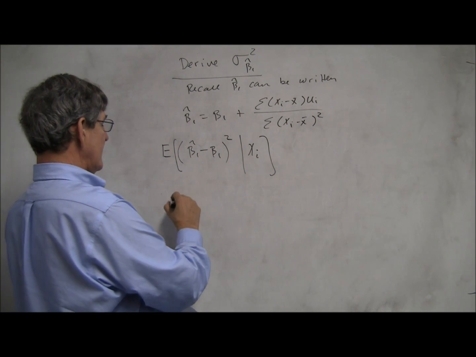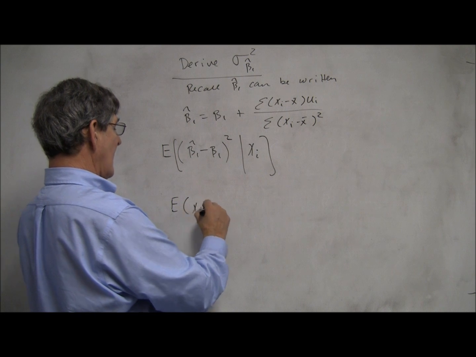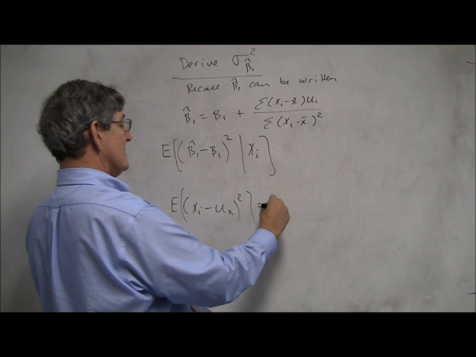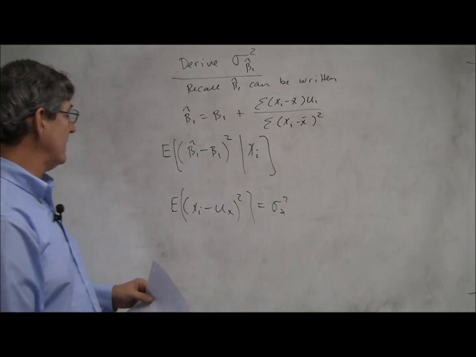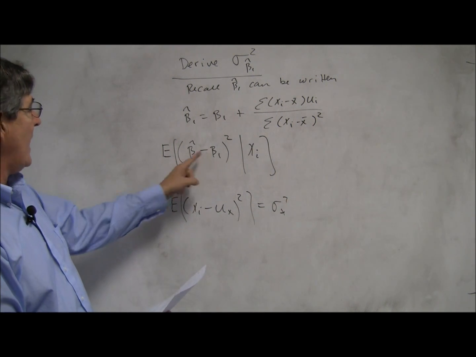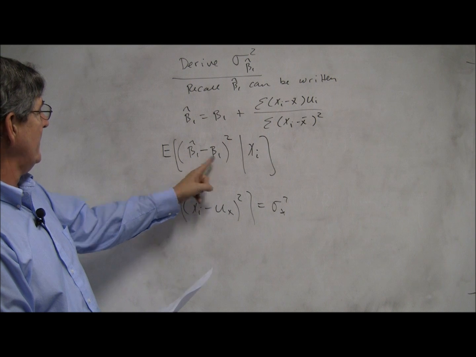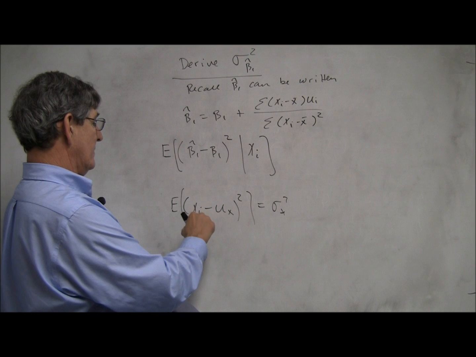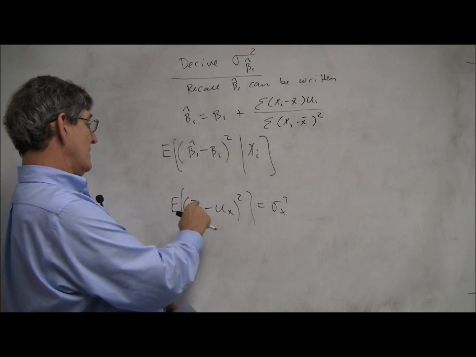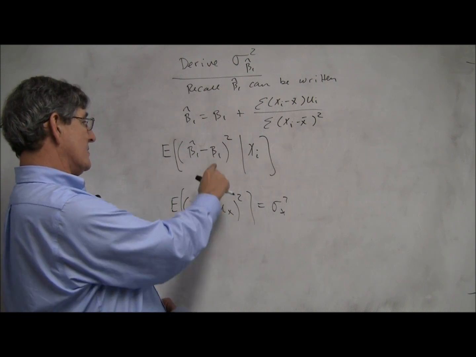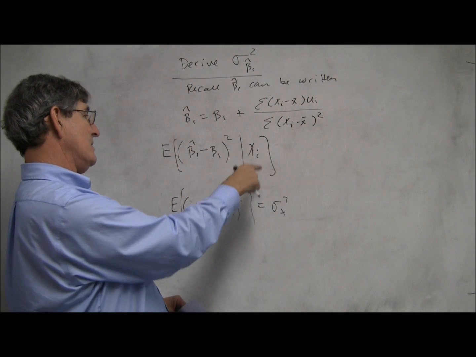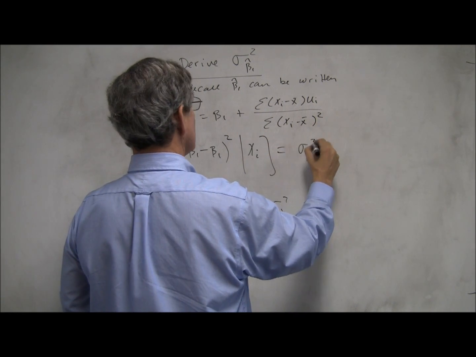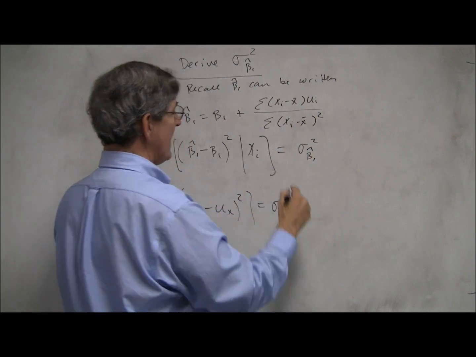It's always the expected value of xi minus the mean of x squared, that's sigma squared x. That's how it's defined. That's the true mean. So we just take the estimate minus the true value squared in expectation, and that gives us, by definition, sigma squared beta 1 hat. So that's what we want to find.